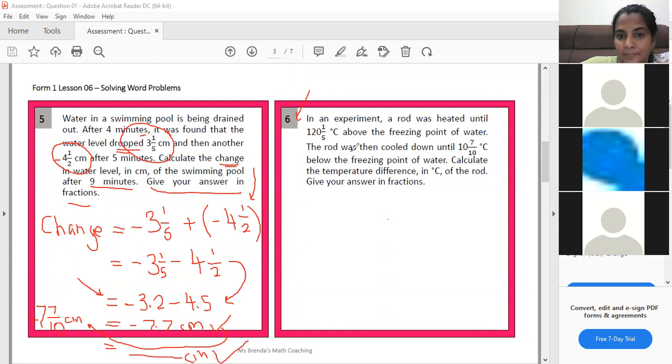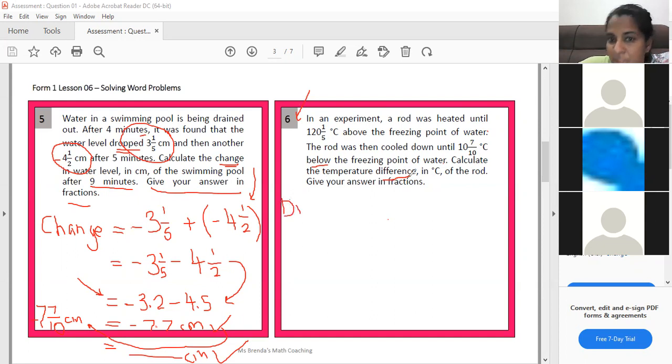Okay, good. Done. Now over here, in an experiment, a rod was heated up to these degrees above the freezing point of water. The rod was then cooled down until 7/10 degrees below the freezing point of water. Calculate the temperature difference. Again, maximum minus minimum. So what you can do here is write the word difference.